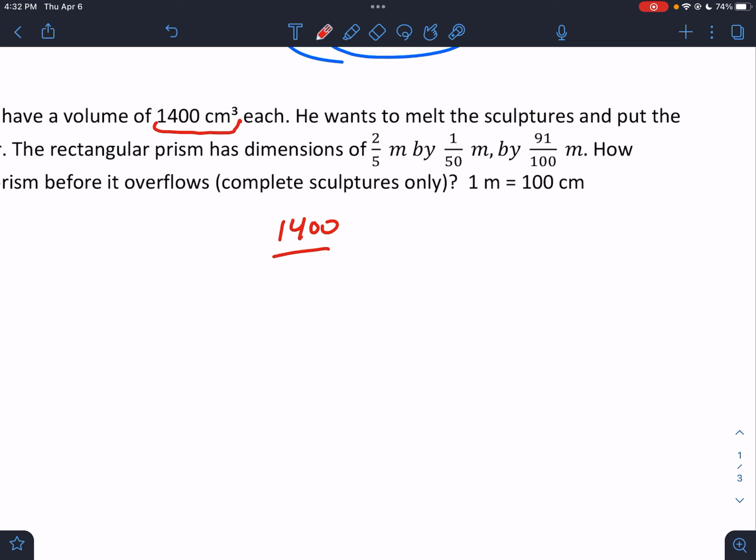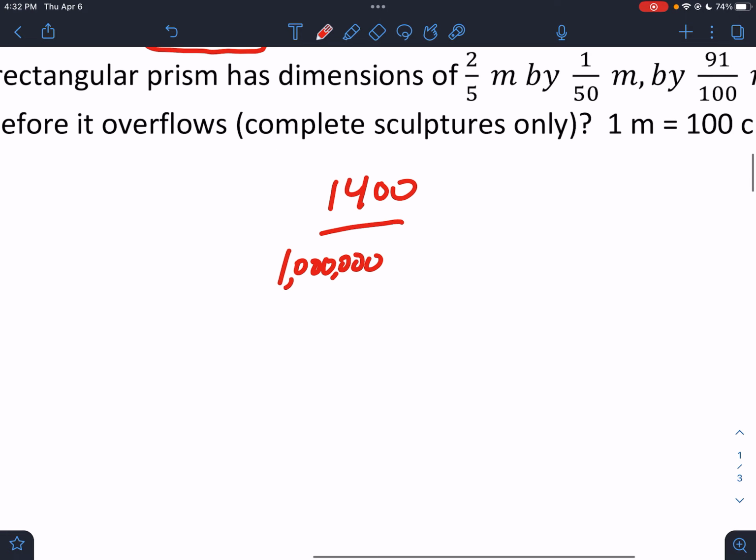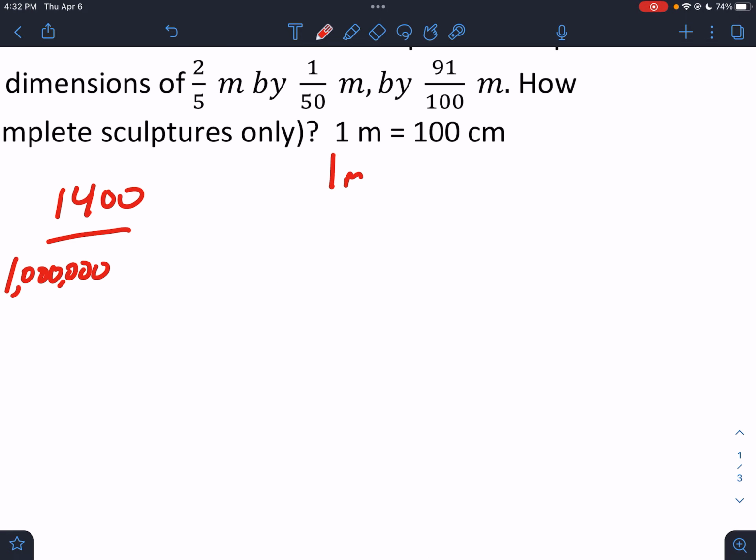You actually have to divide by 1,000,000, because 1 meter cubed would equal 1,000,000 centimeters cubed. Why? Because you would have to cube the ratio, and almost nobody remembers to do that. So I recommend you take the numbers that are not cubed and modify them.